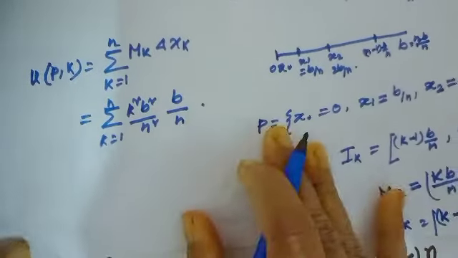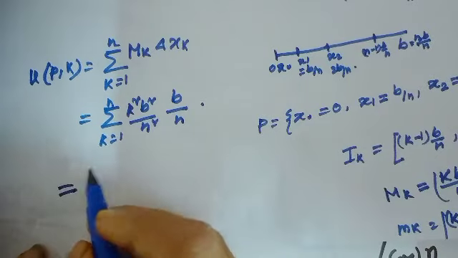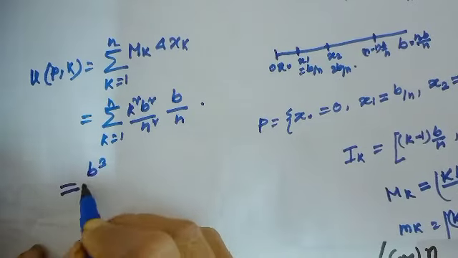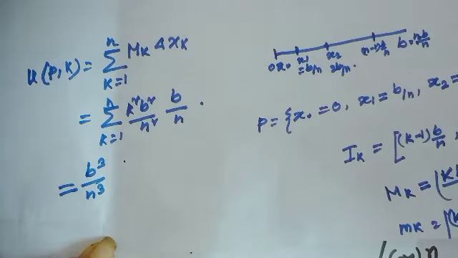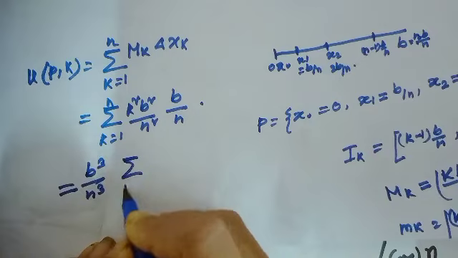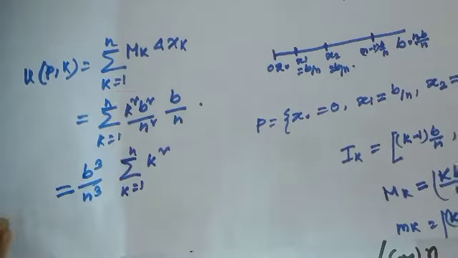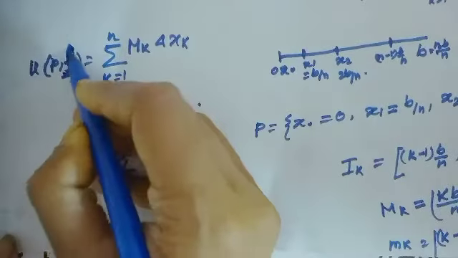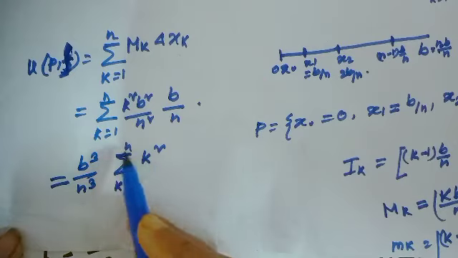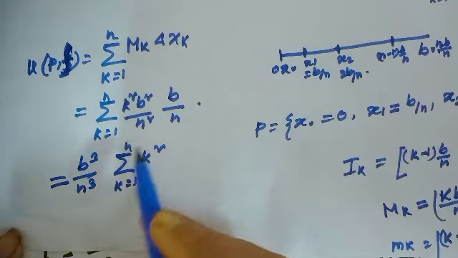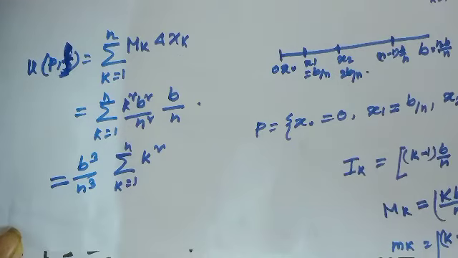That means UPF would be b cube over n cube times summation k equal to 1 to n of k square. We all know this value; I had studied this value in 12th standard.